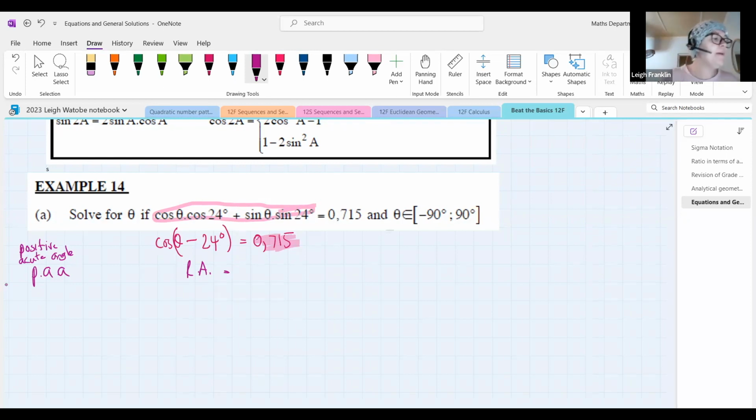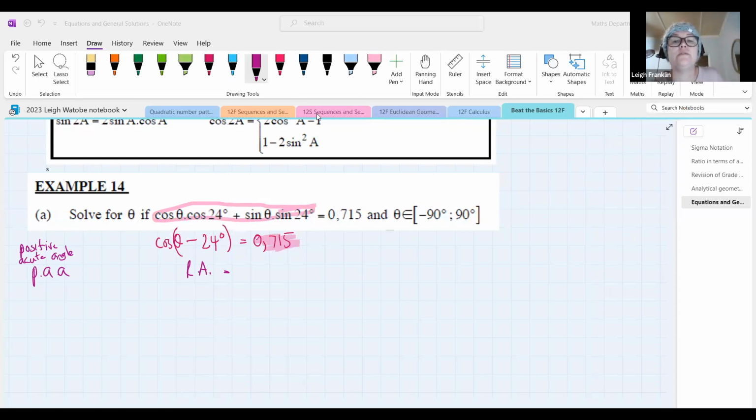So now we're going to pick up our calculators. What are we going to press, guys? Can someone tell me what are we pressing on our calculators to get this RA? That's it. Well done.